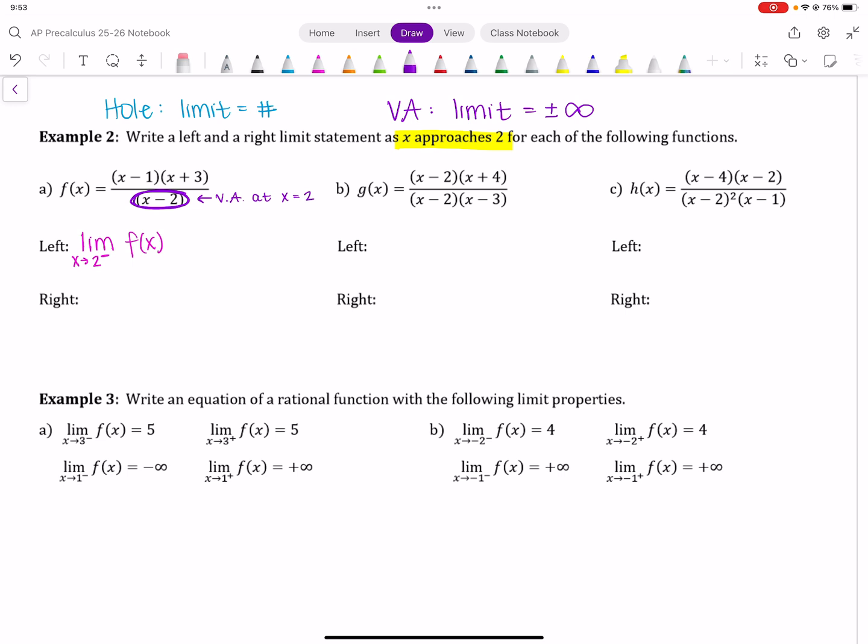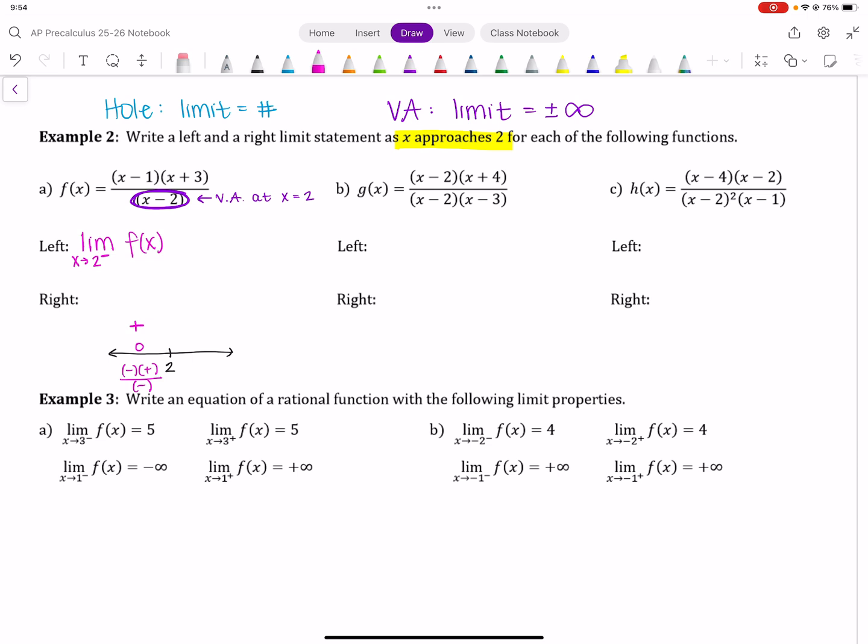To figure out whether it's going to positive or negative infinity, we want to think about a simple sign chart. Looking at 2, what's happening on the right and the left? If we think about substituting 0 in, 0 minus 1 is a negative number, 0 plus 3 is positive, 0 minus 2 is negative. Because I have 2 negatives, that left side is going to end up being positive.